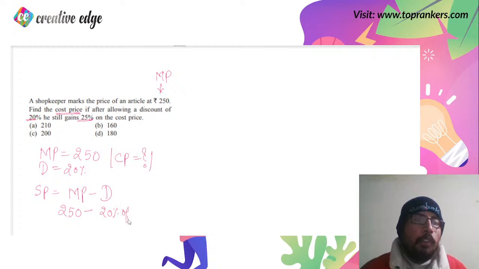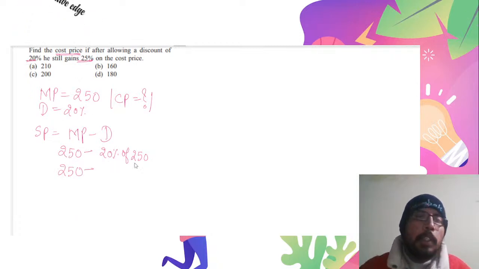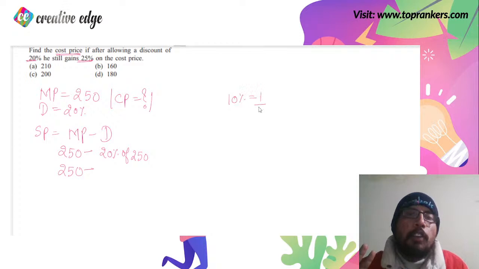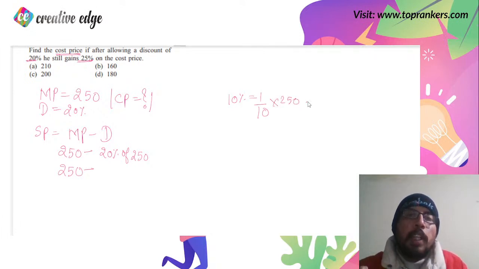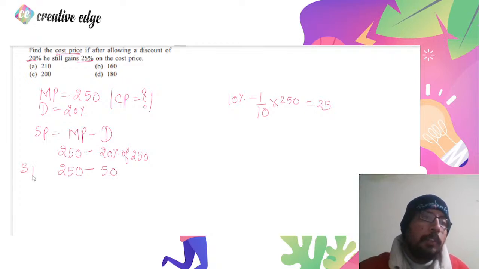So 250 minus 20% of 250 is very easy to calculate. Basically first you will be finding 10%. 10% is basically 1 by 10, right? So 10% of 250 will be 25. Since we have to find 20%, 20% will be double of the 10%, that means 50. So selling price is rupees 200.